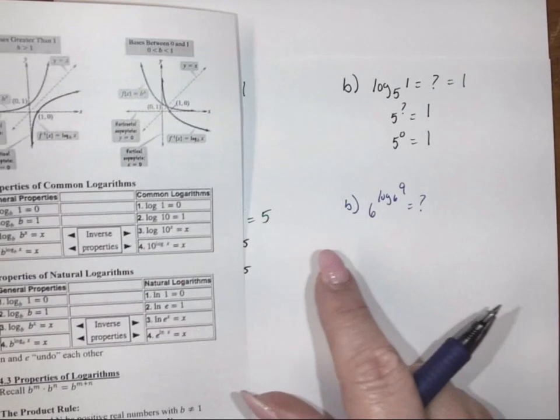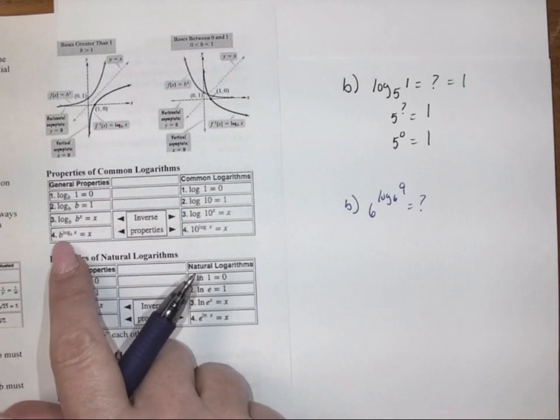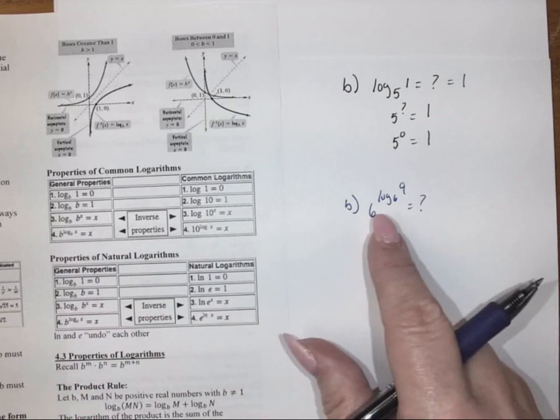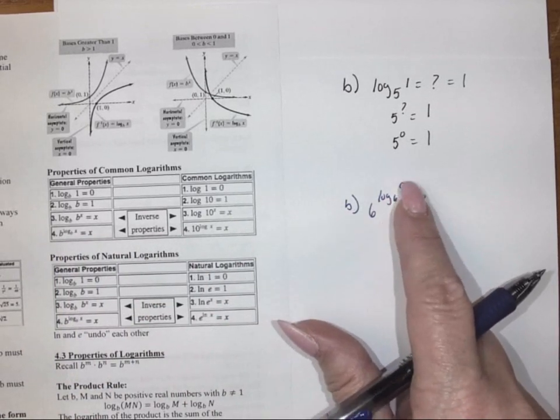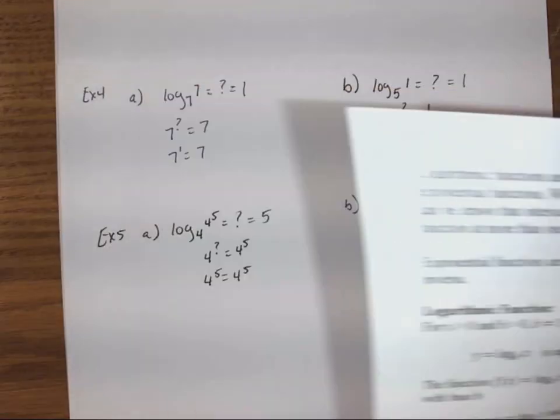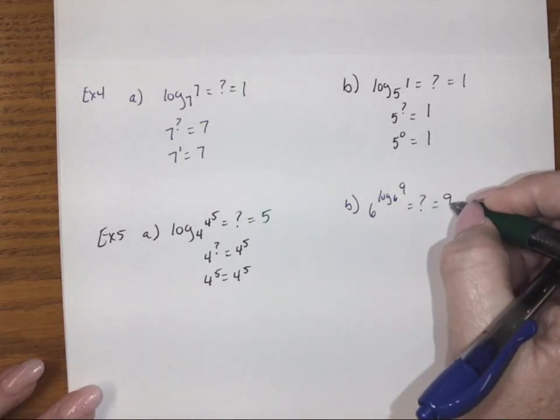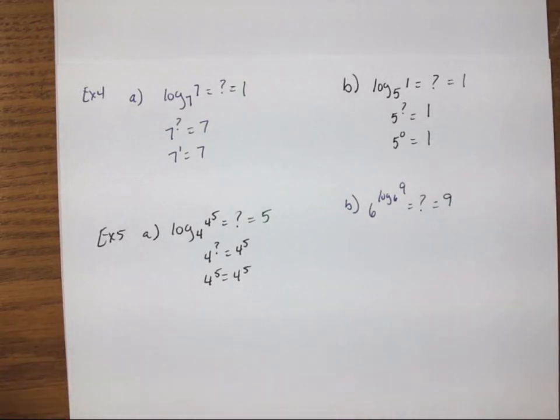So this one is following on this one: b to the log base b of x equals x. So 6 to the log base 6 of 9 is going to be equal to 9. So it's following those same things.